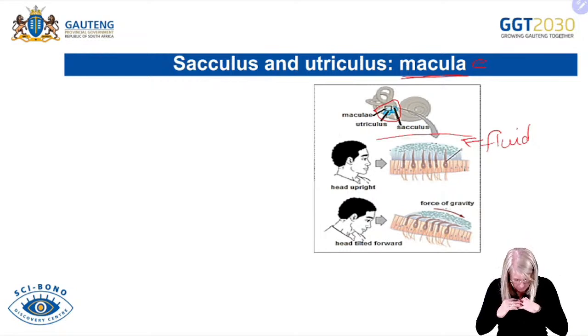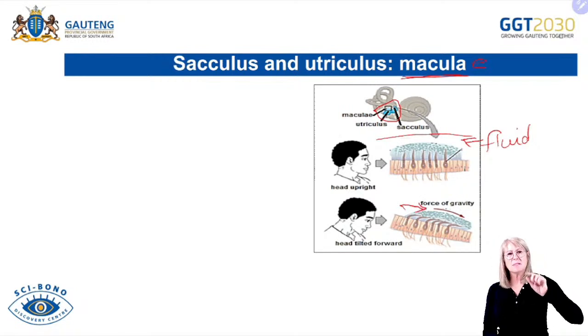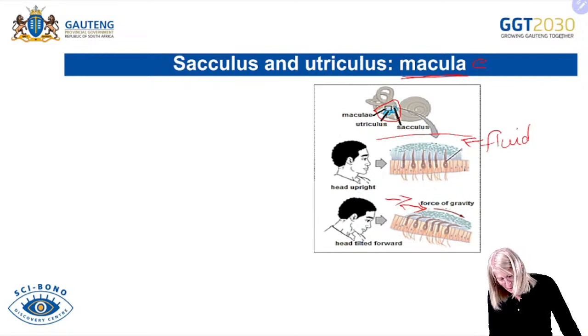And as soon as I move my head forward, can you see what happens to the position? So the force of gravity, and that's why we say in this case, it's the position of your head in relation to gravity. When I move my head forward, that fluid is going to move, as well as that thick little jelly layer.